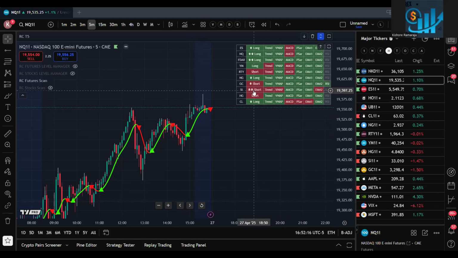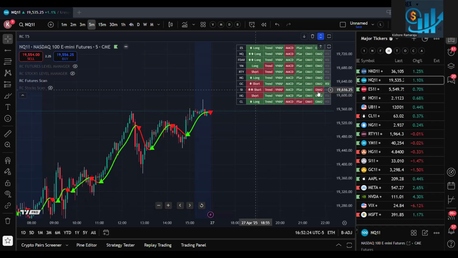Or if something is completely red, that is a very good opportunity to go short whenever you get a sell signal. So whenever you get a buy signal or sell signal, either from price pulse or from any other indicators, this scanner will help you to understand whether that's a good one to short or good one to go long by looking at this one and by looking at the other.